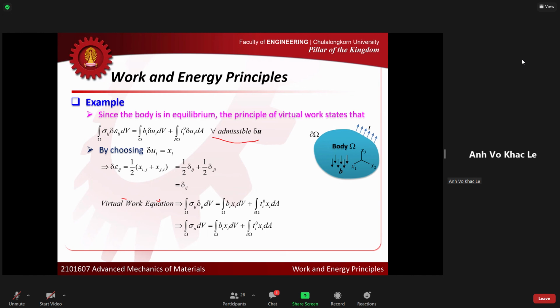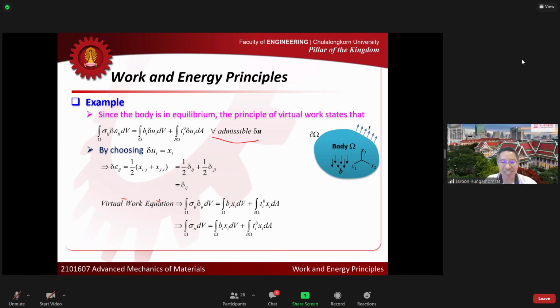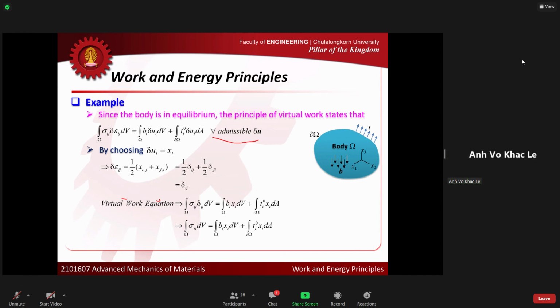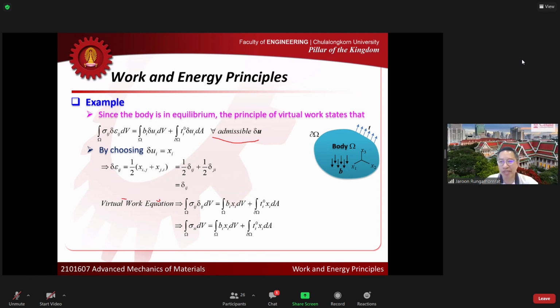Yeah, I cannot answer your question. So you have to try until you are successful. My suggestion: look at the equation that you want to prove. It may tell you something on the choice of delta ui, and also for the second problem.